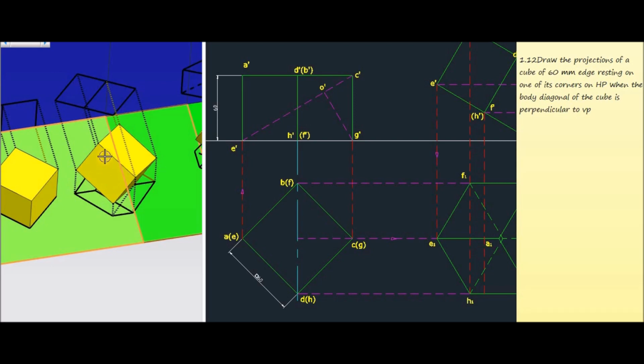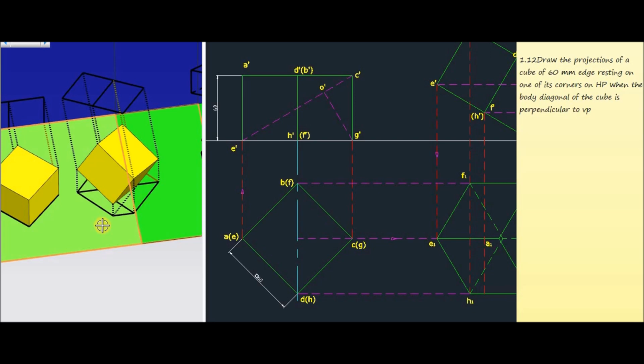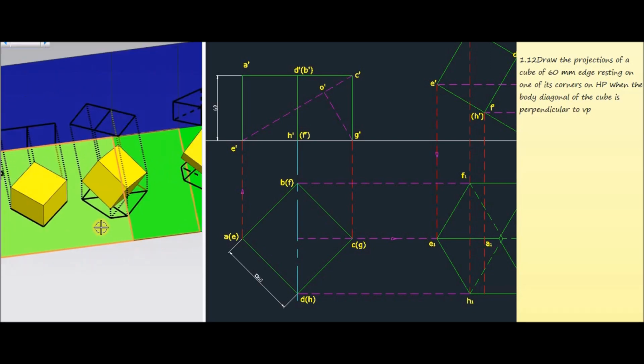We have named the top corners A, B, C and D. So this point is C and this bottom corner is E. When we draw a line joining these two opposite corners, that one will be the body diagonal. Now in the question it is given that when we rotate the cube about one of the base corners, its body diagonal should be perpendicular to the vertical plane.